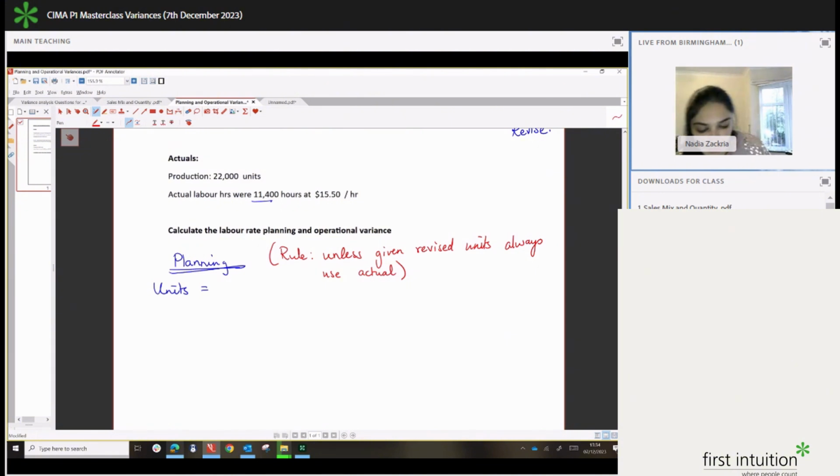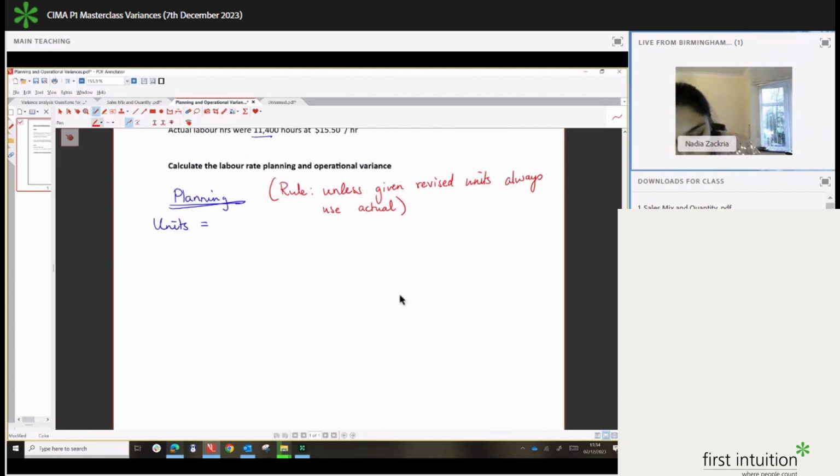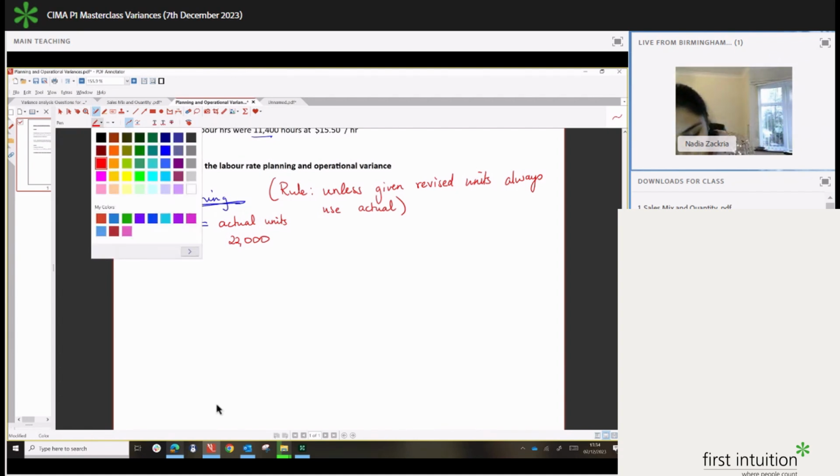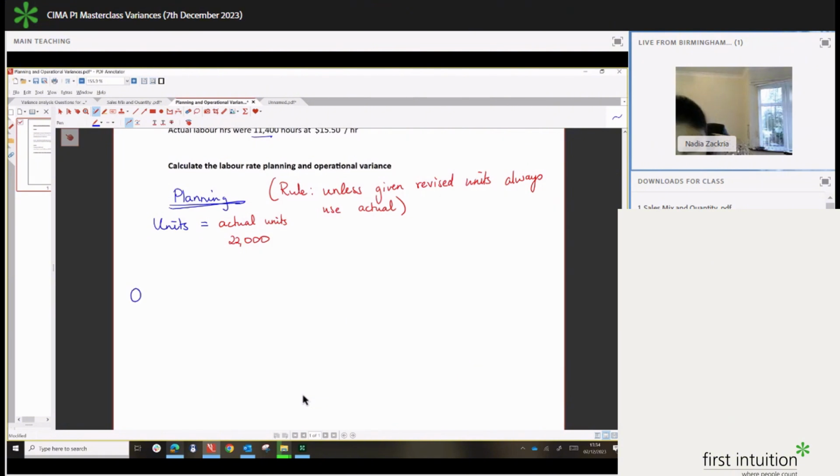So as good as flexing at the planning stage. Here what you're going to use is actual units of 22,000, and flex that budget. Our original would have been 22,000, each unit takes half an hour to produce, and each labor hour is paid at $14 per hour.